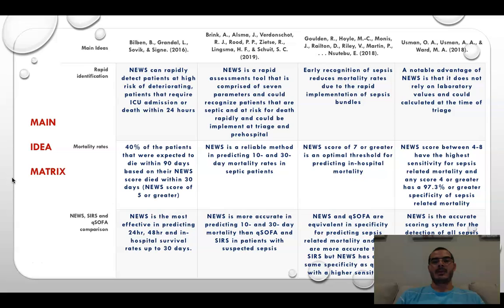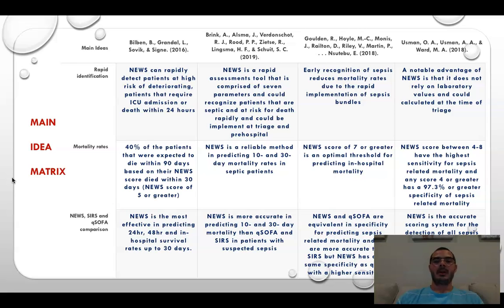NEWS is a rapid assessment tool comprised of 7 parameters and should recognize patients that are septic and at risk for death rapidly, and could be implemented at triage or pre-hospitally. This is really important for the purpose of my research: I needed something that was rapid, sensitive and specific, and NEWS2 and NEWS all fit that criteria.